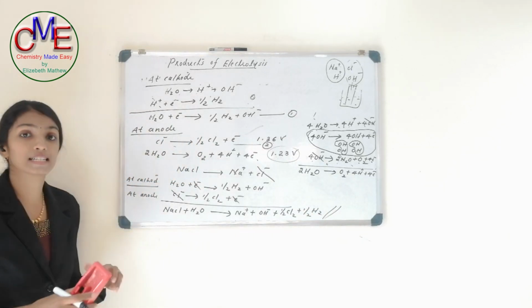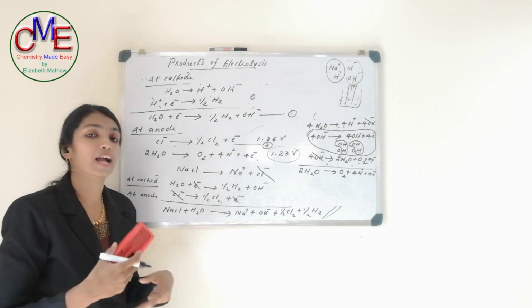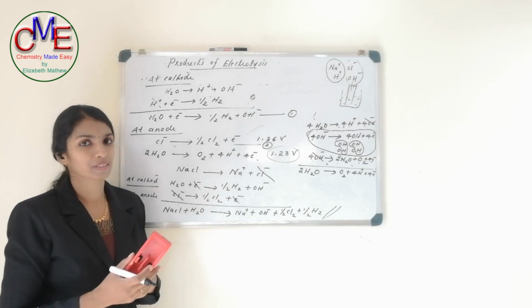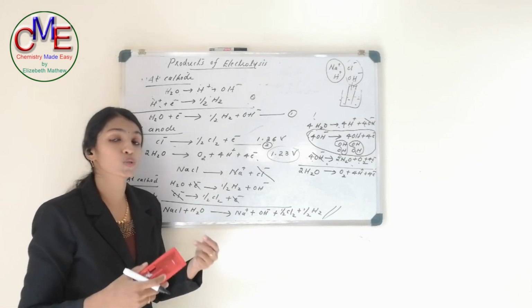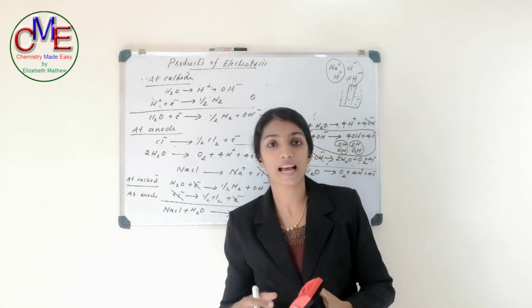So this is the net reaction which occurs during the electrolysis of aqueous sodium chloride. Clear? So the products of electrolysis differ if we use molten sodium chloride and aqueous sodium chloride.